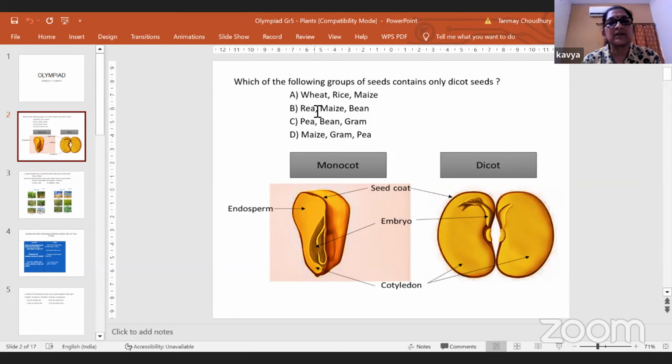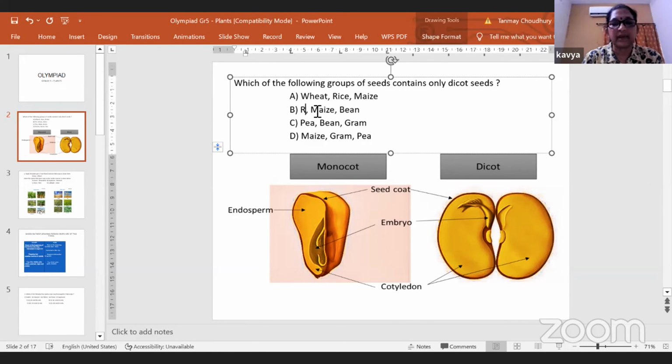Okay, here. Sorry. Rice is a monocot seed, maize is monocot, bean is dicot. In this one, pea is dicot, bean is dicot, and gram is dicot seed. Okay, so I think this one will be the right answer.